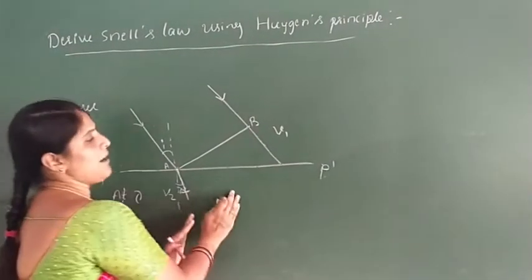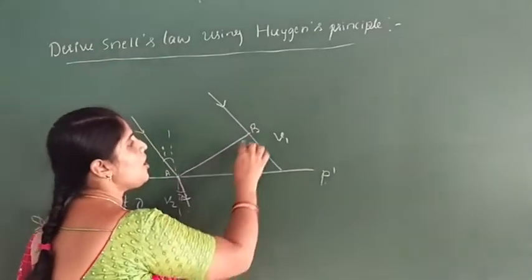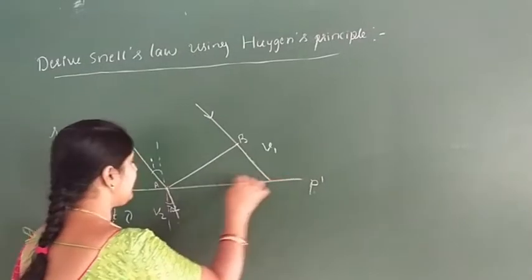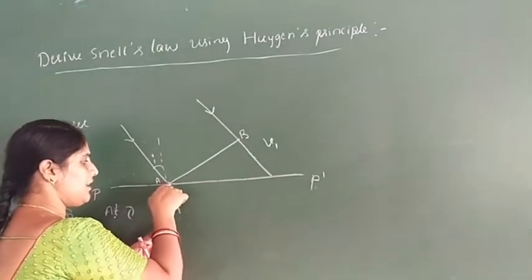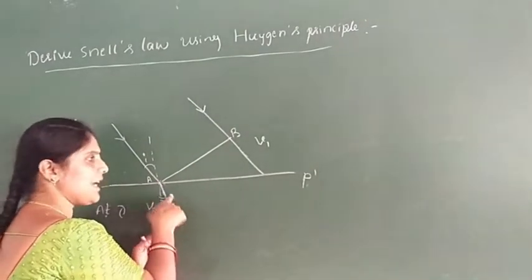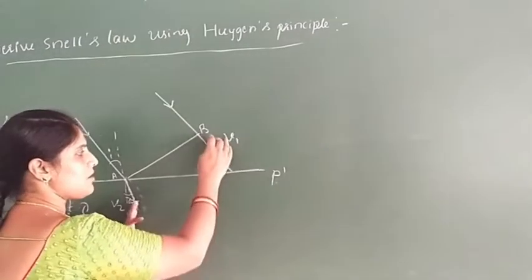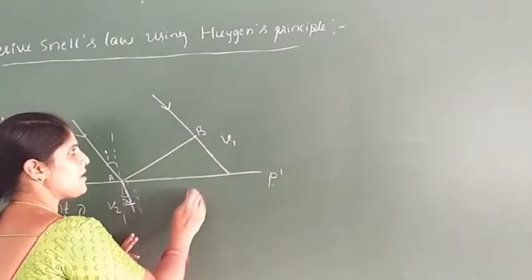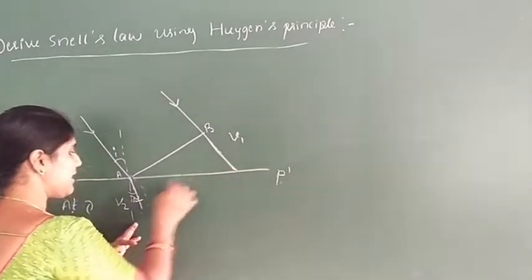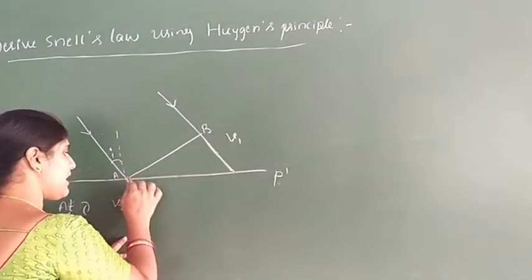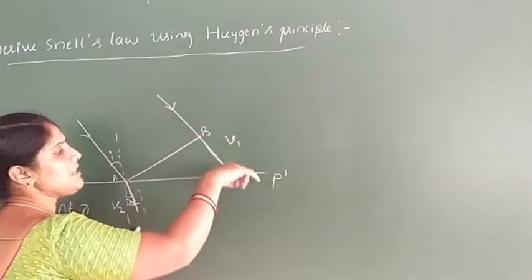In the same time tau, the right edge of the ray moves faster than the left edge, because the left edge travels in the second medium, so its velocity decreases there. So for the same interval of time, the right edge travels faster than the left edge. So the left edge travels a shorter distance than the right edge.